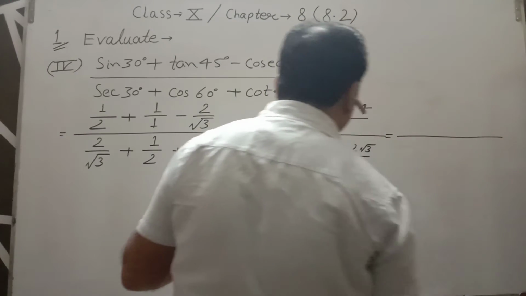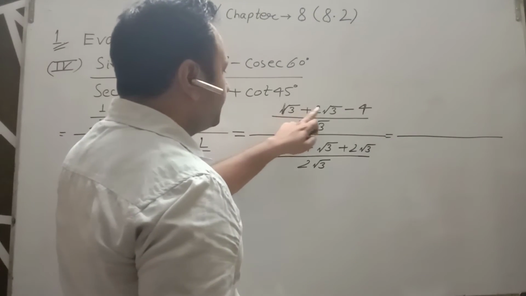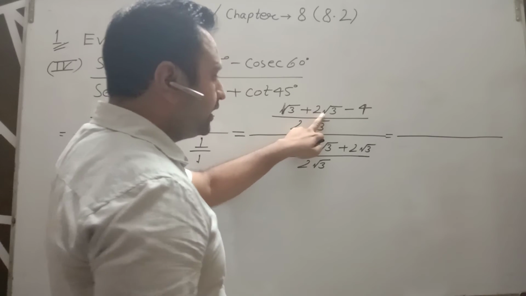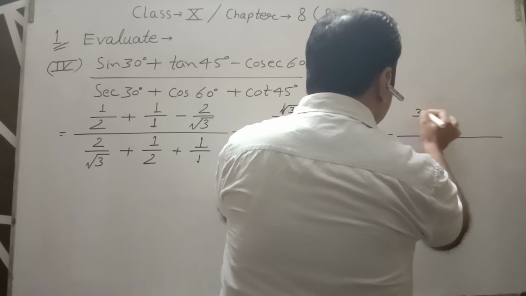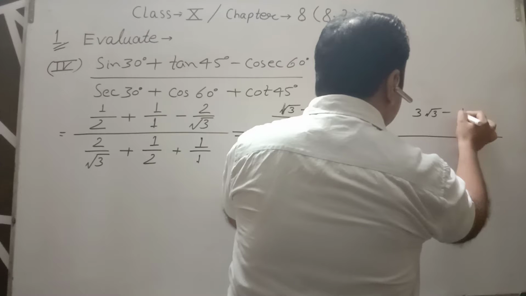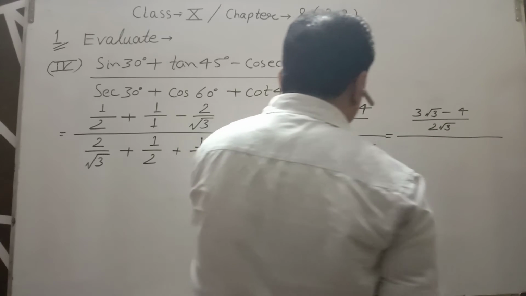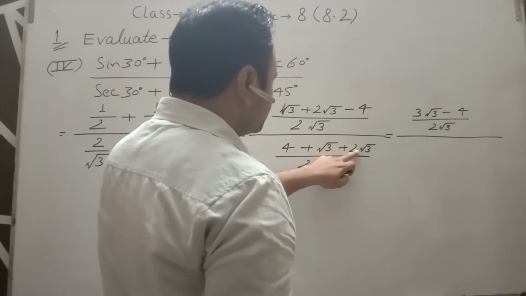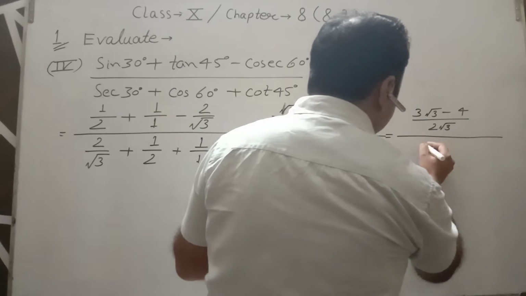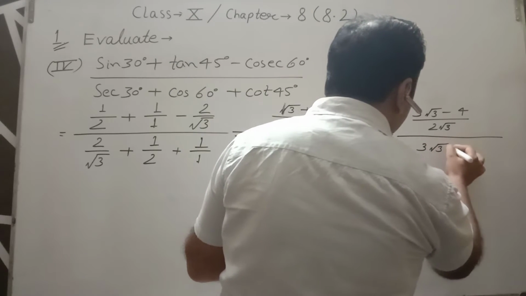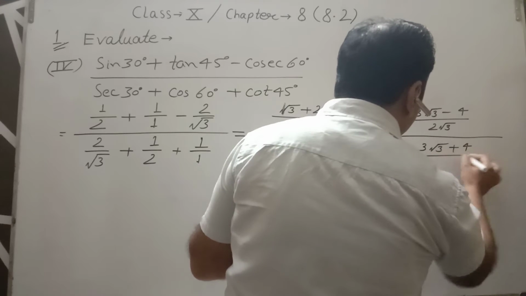Now simplify the numerator. Root 3 plus root 3 plus 2 root 3. These are like terms. So 3 root 3 minus 4 in the numerator, and in the denominator 2 root 3. Okay, now root 3 plus 2 root 3, 3 root 3. So we note down 3 root 3 plus 4 upon 2 root 3.